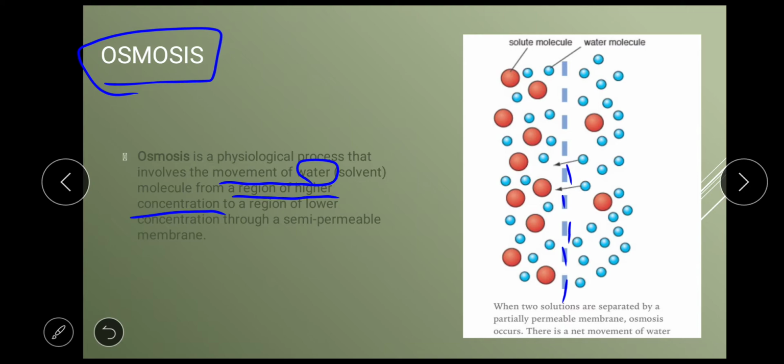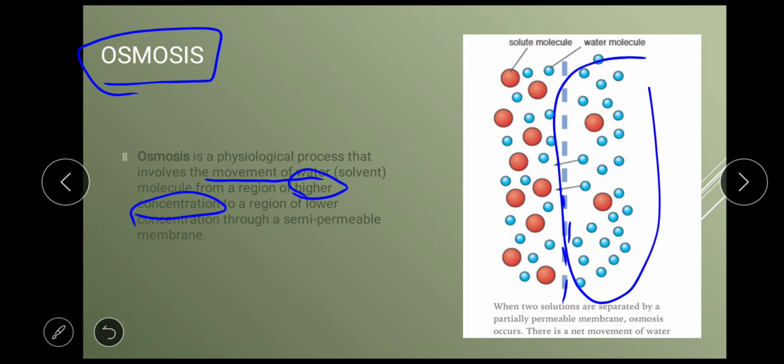Means you can see that these blue particles are more on the right side. So these blue particles will go from here to here in this part, like this. So this is the movement of blue particles. Blue particles means water molecules. So water is moving from a region of higher concentration. Higher concentration means this right side has more water.